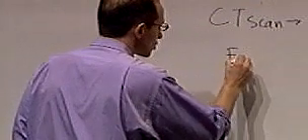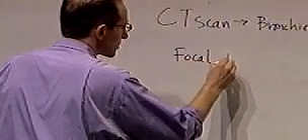There are two types of bronchiectasis that you could get. One is called focal or local bronchiectasis.